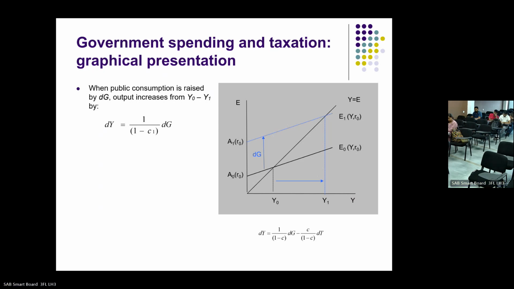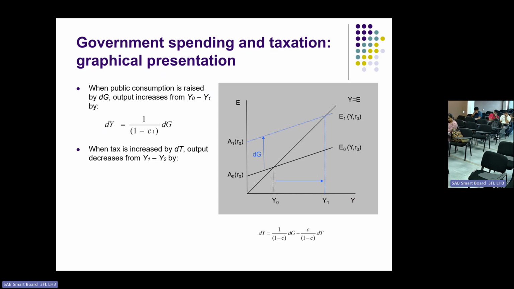But at the same time, what does the government do? The government raises taxes also, right? This expenditure is financed by raising taxes. What happened? When there is a rise in the taxes, there will be an impact on national income, but that impact is negative, right?